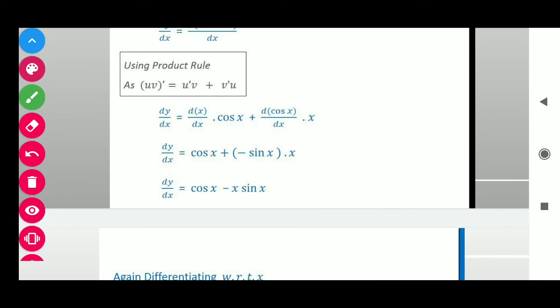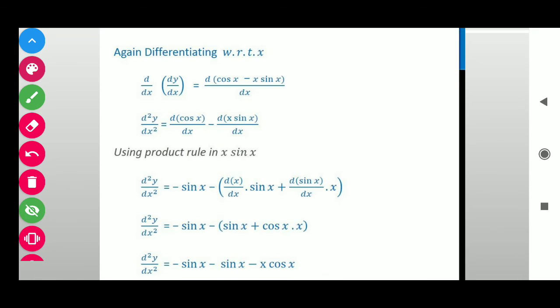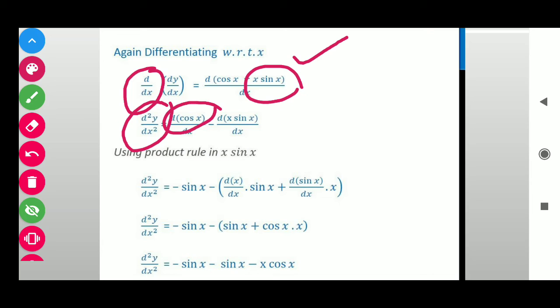Now students, they asked us to find the second order derivative. So again, differentiate with respect to x the same function, dy over dx, and we will write d square y over dx squared. This is the notation of second order derivative. So here on the right hand side, we get cos x. Derivative of cos x is minus sin x, and here x into sin x. We have two functions in multiplication, so we use the product rule again.